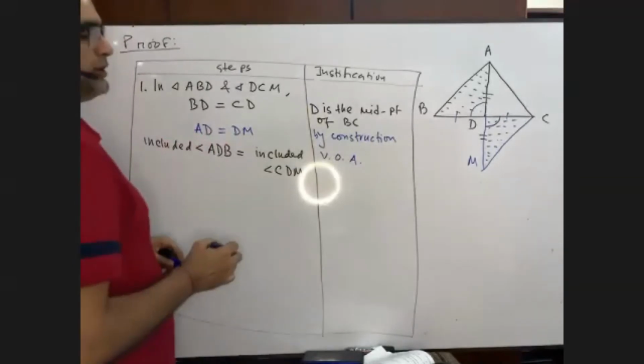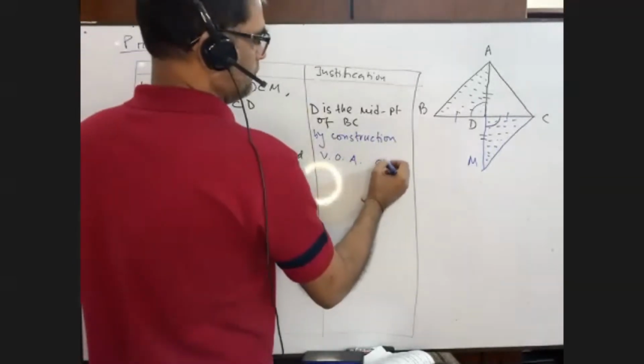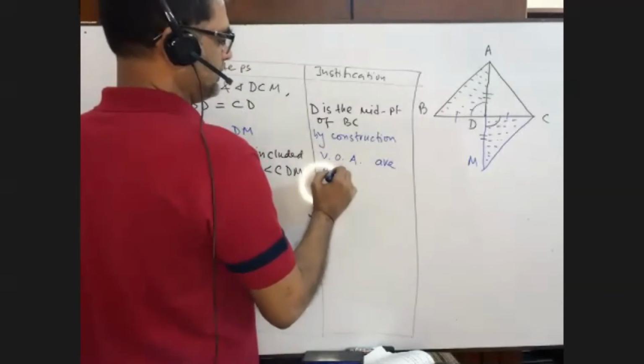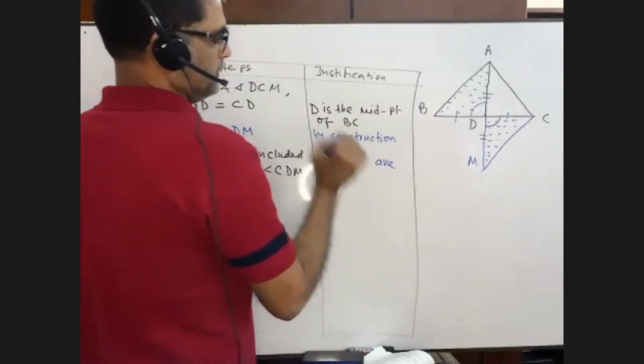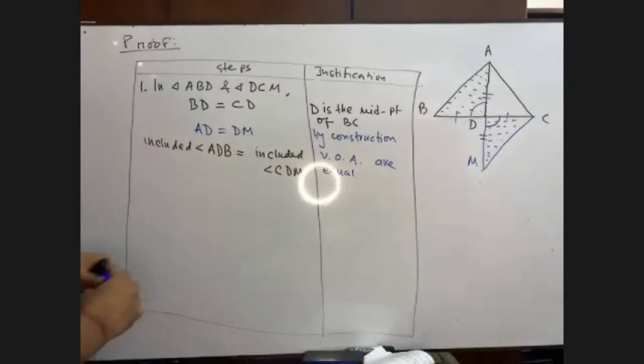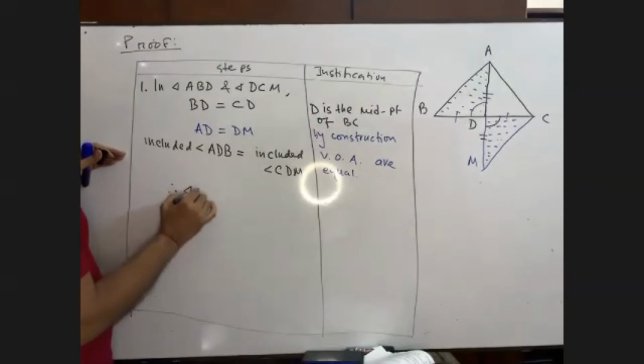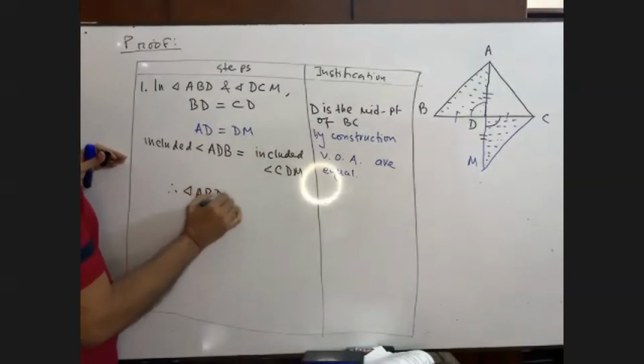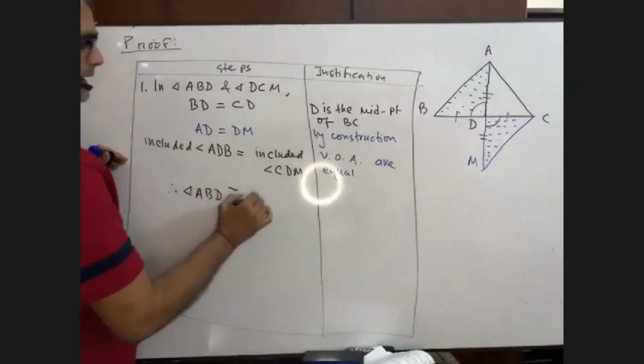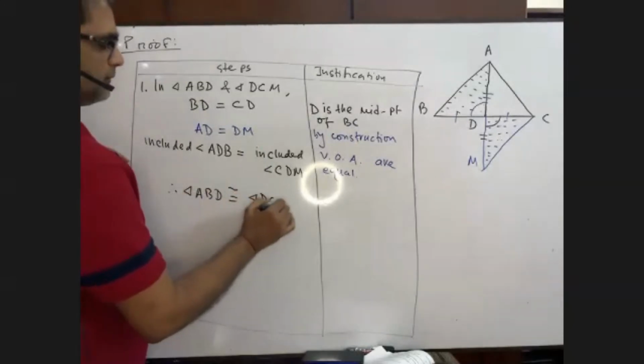Please don't make sound. Vertically opposite angles are equal. As I am using a microphone, it hurts my ears. Therefore, triangle ABD is congruent to triangle DCM.